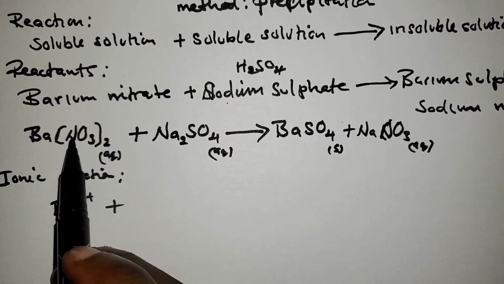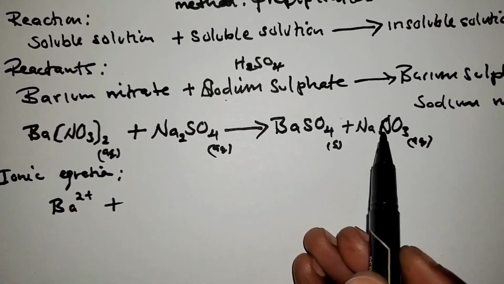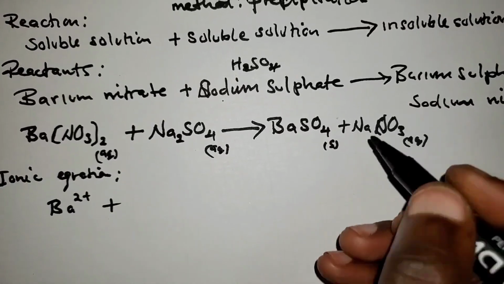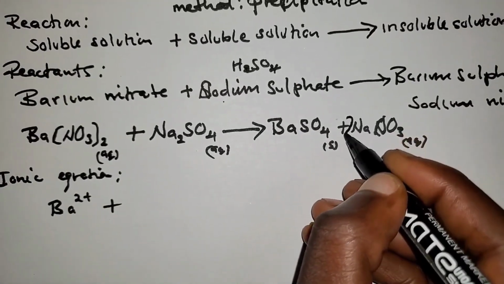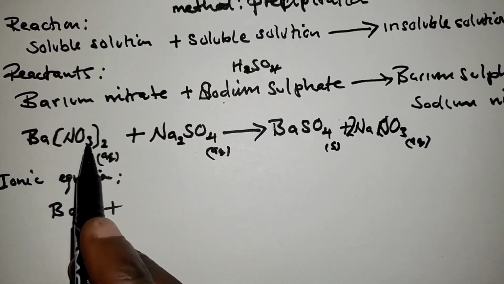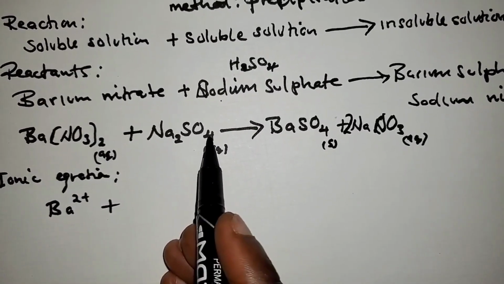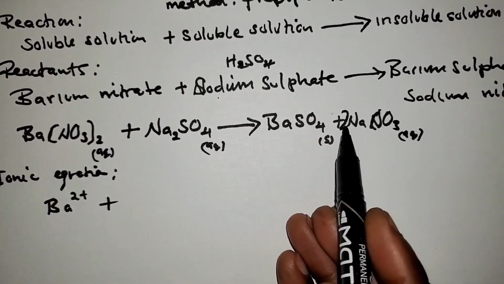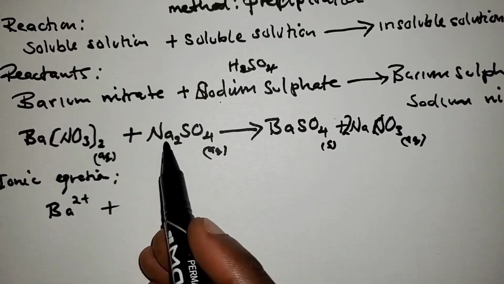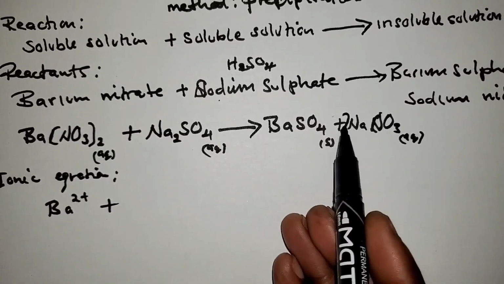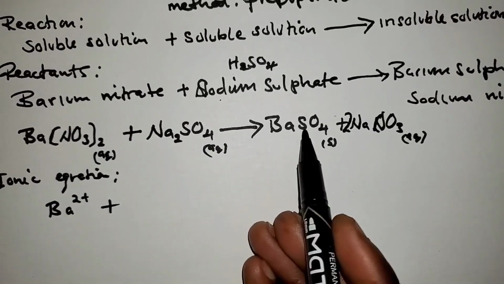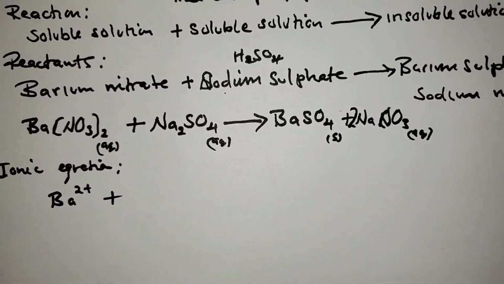Nitrogen, you have 2 here and 1 this side, so we put a 2 here so that nitrogen balances. Then oxygen, you have 2 times 3, 6, plus 4, 10. Here you have 4, plus 2 times 3, 6, so we also have 10 oxygen. Sodium 2, because of this coefficient here, 2. Sulfur 1, sulfur 1. So now it is balanced.